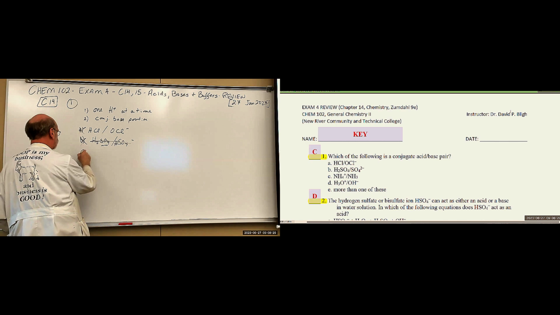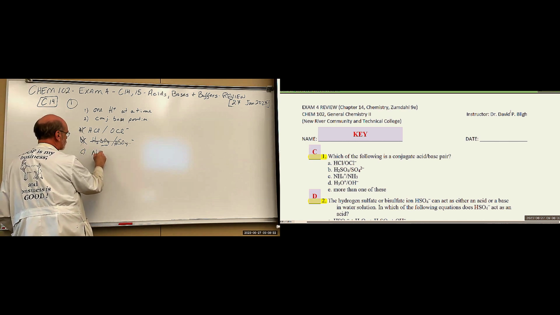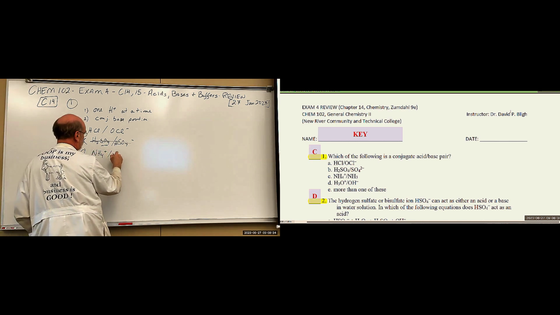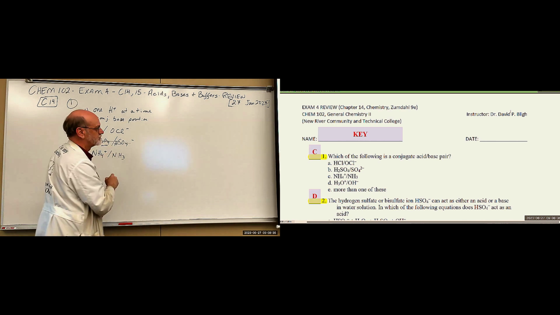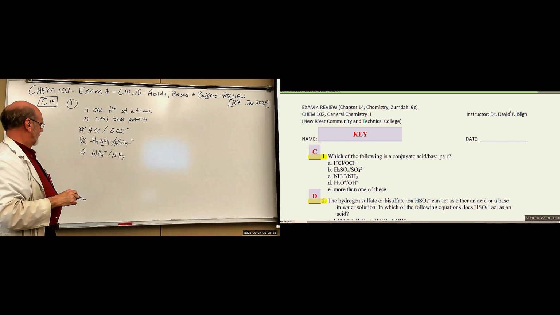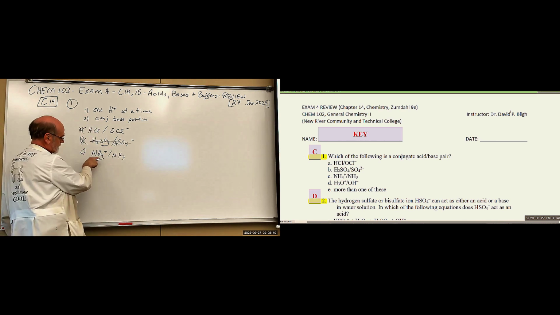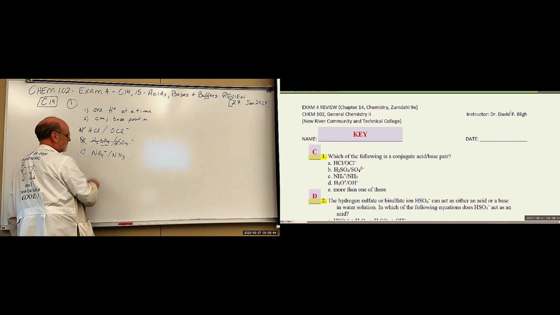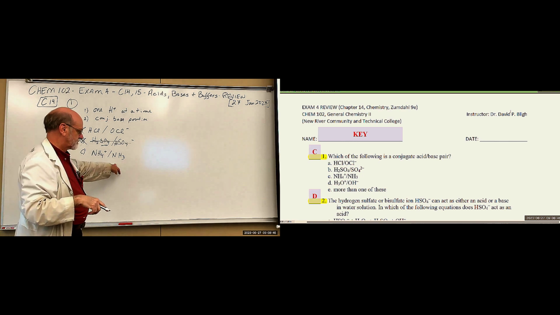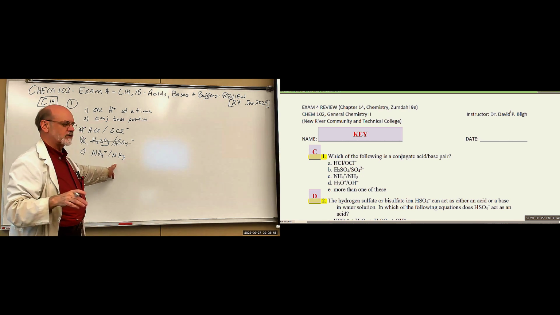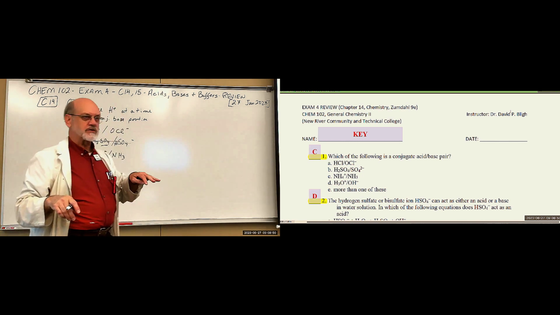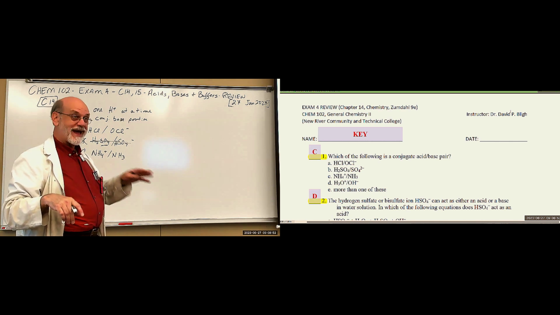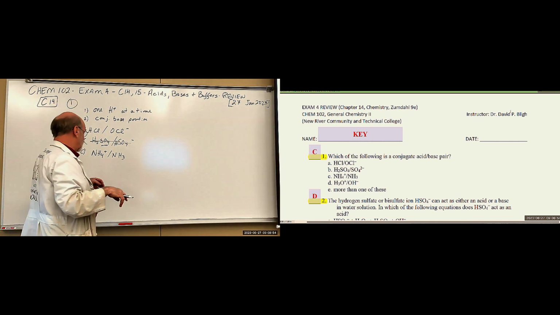How about this one? NH4 plus and NH3. That looks like a good candidate. Right. 1 hydrogen lost from here to here. There's ammonia. Normally what you would do is put ammonia in solution, and the ammonia would react with water.